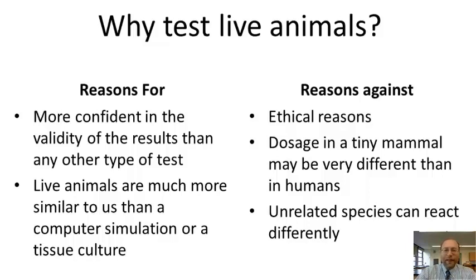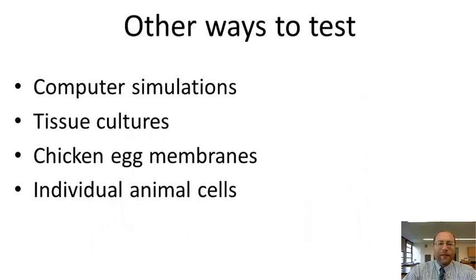So that's a reason against doing tests on live animals. Another reason against is that the dosage could be very different. A dosage in a tiny mammal can be very, very different than what it is in a human. And also, the species is similar to us, but even so, they're not that similar to us, and they may react differently than they do to us.